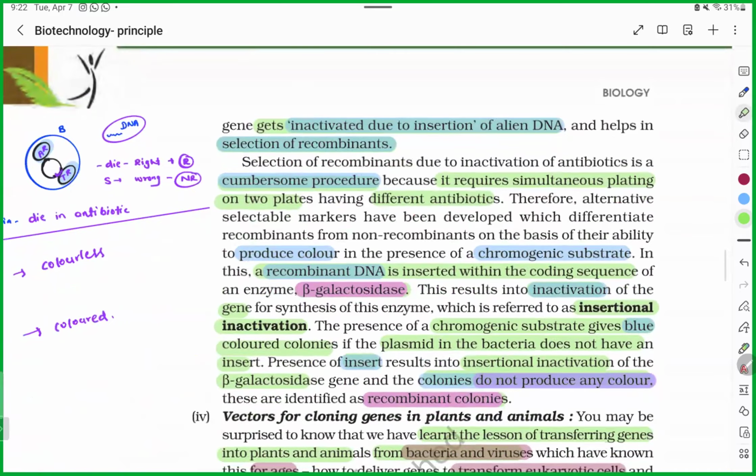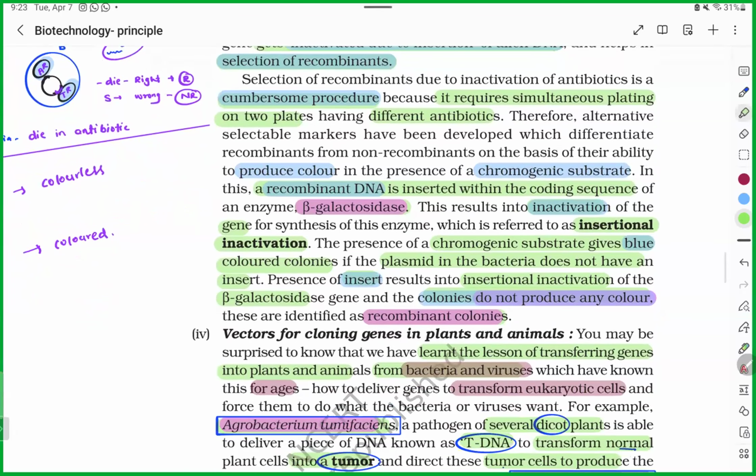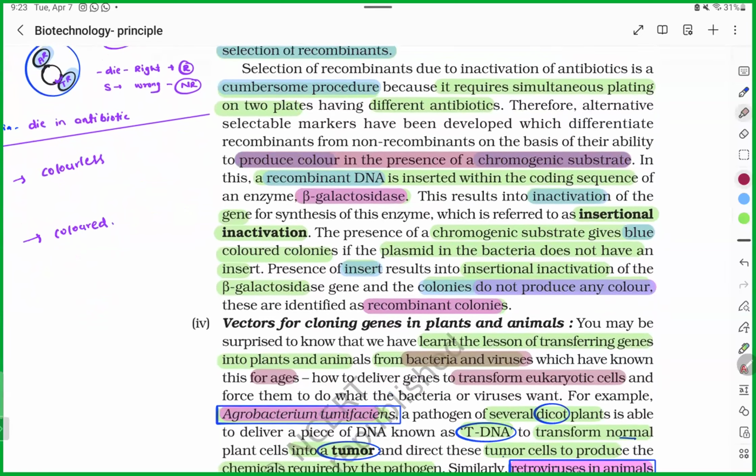But when we do this process, it is complicated. We want to use the color method. Color method is easy to differentiate. Correct? Very easy. So we want to produce color in the presence of a specific substrate.